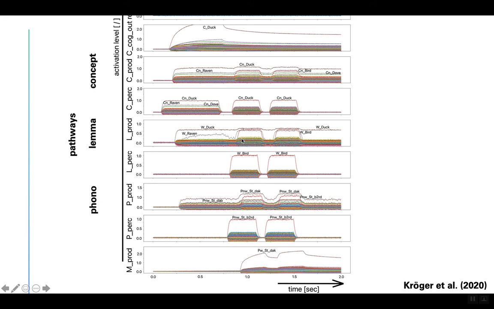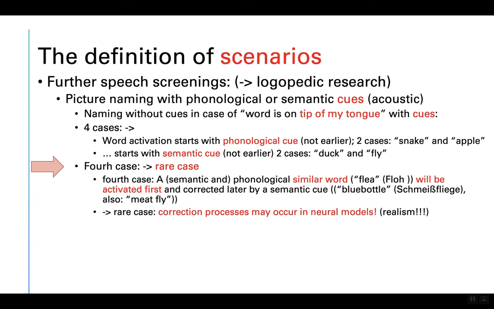And that leads to a stronger activation of the word duck, at least on the phonological level, and that leads to a stronger production, or let's say the production starts because we have the semantic help, the semantic cues.